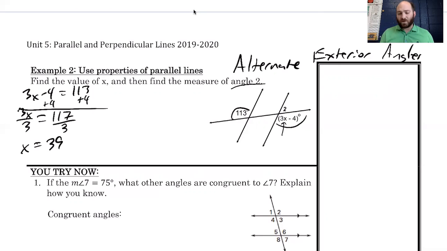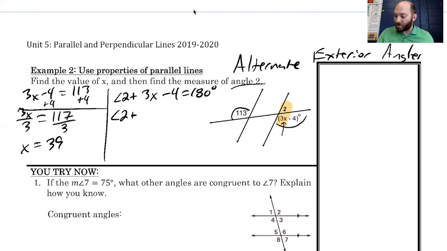But I said find the measure of angle 2. Well, hopefully you recognized angle 2 and 3x minus 4 make a linear pair. So I'm going to set angle 2 plus 3x minus 4 equal to 180. Those are supplementary angles there. So angle 2, I'm going to put 39 back in. So that's going to be plus 3 times 39 minus 4 equals 180.